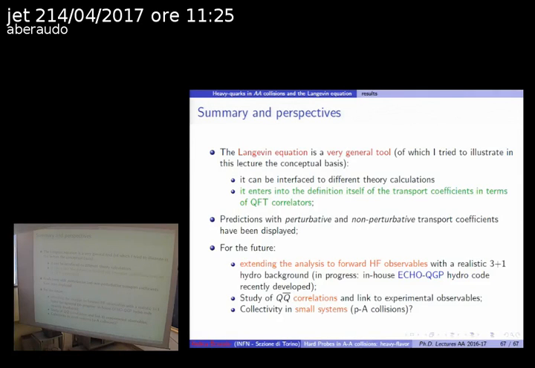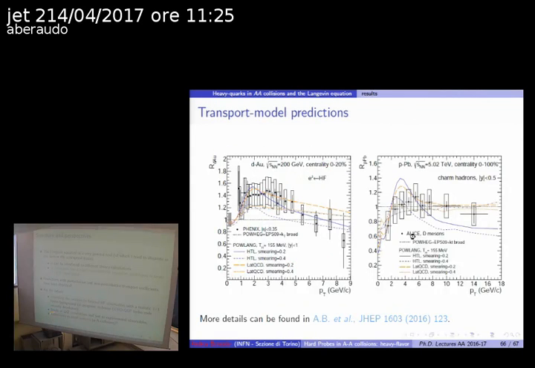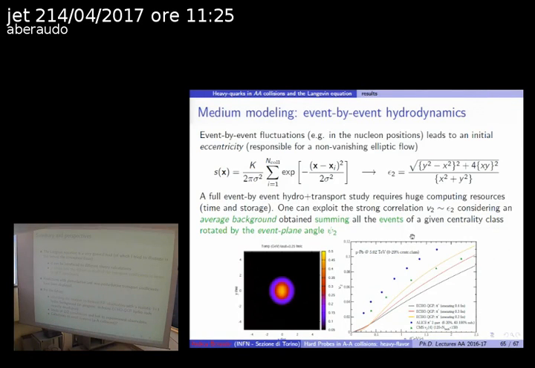And clearly this issue of collectivity in small systems is a hot issue of investigation in the community in this period. But I think more or less I have sketched both the development of the formalism and I gave you some feeling of the results that one can obtain by applying this formalism to a realistic situation.